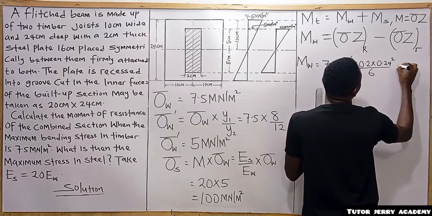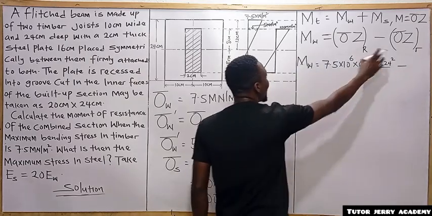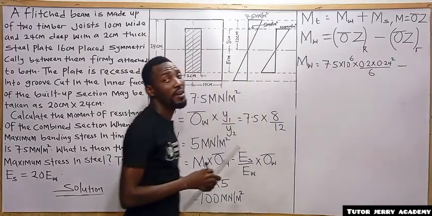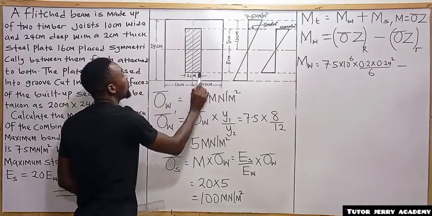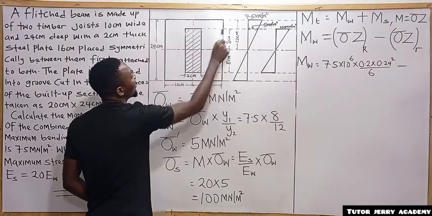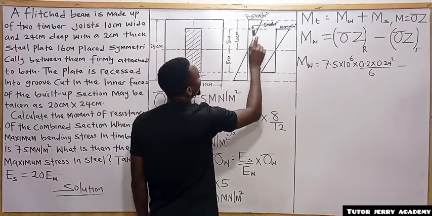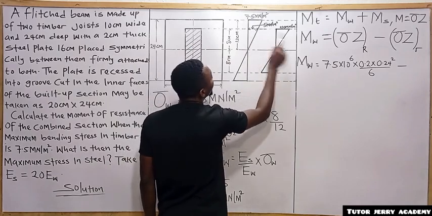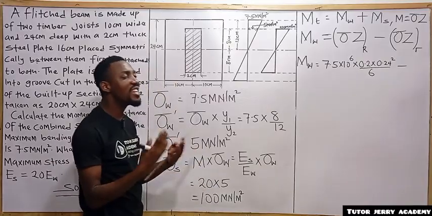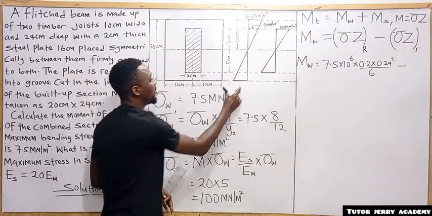Then minus the stress for the small rectangle, that is the 2 by 16 section. If you trace it like this, don't forget we have two stresses here, but the stress distribution diagram we are dealing with is the first one.